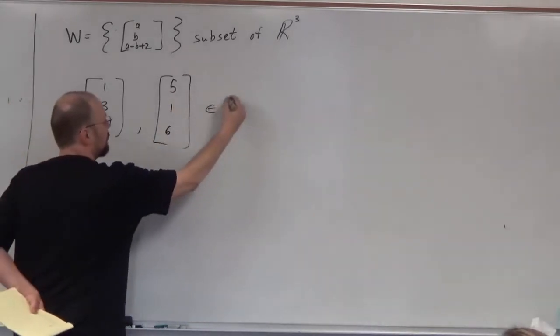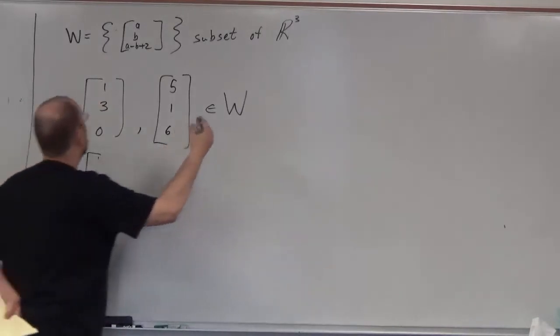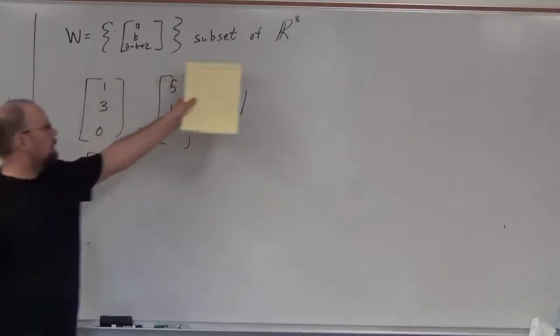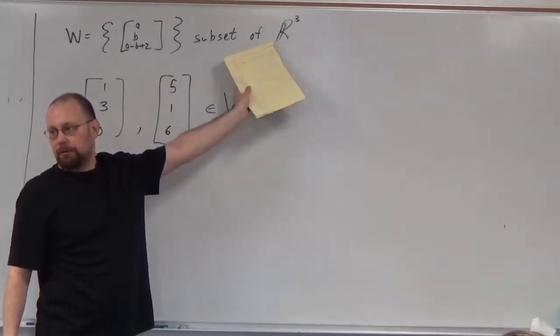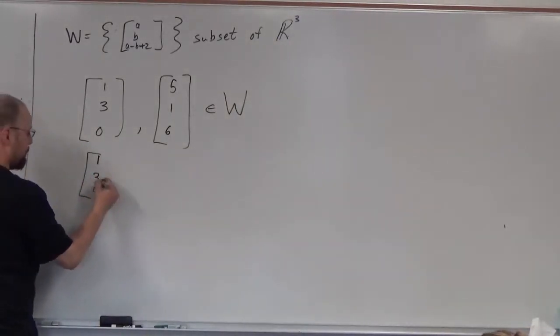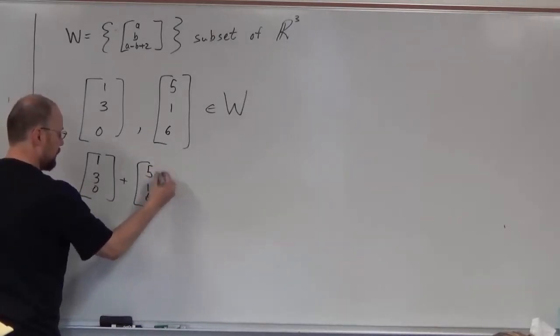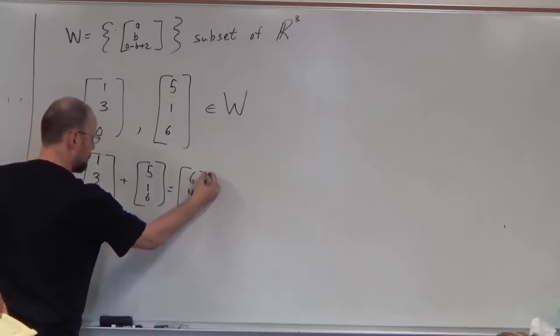So these are in W. Okay, and I should say the addition and scaling we use is the addition and scaling of the known vector space. So it's going to be standard operations. We add these using standard operations. We get 6, 4, and 6.